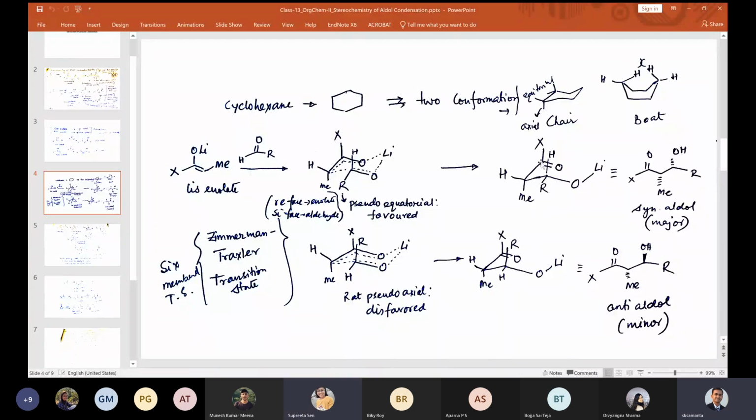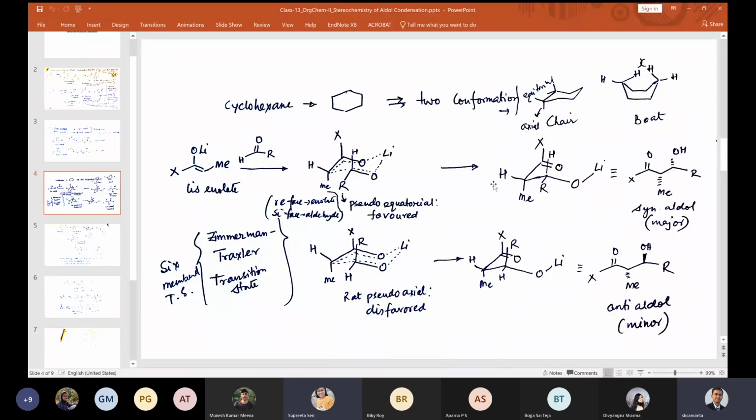Sorry, not the X carbon: R, the carbon connected to the R, the carbon connected to the methyl group, and the carbonyl carbon. These four are in one plane. Now we can rotate the R to look like that. If we rotate the R in the clockwise direction by 120 degrees... In this case you do not have to rotate, it is already in the plane. You have to rotate it in this case. Yes, sir.